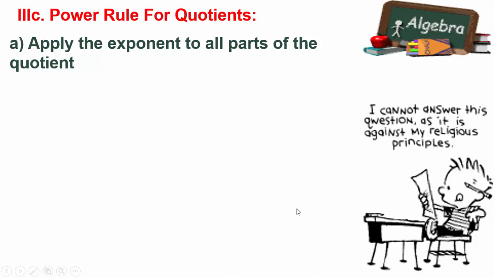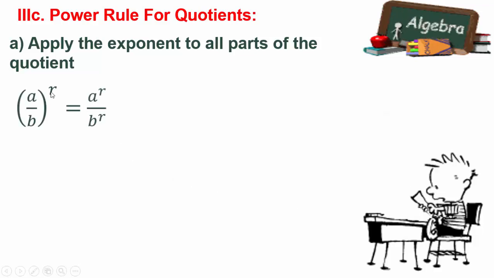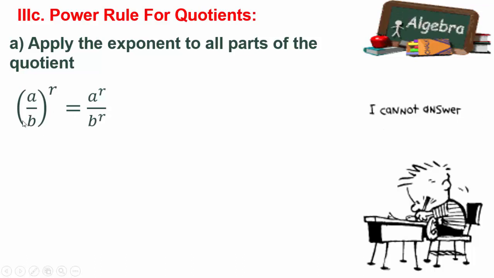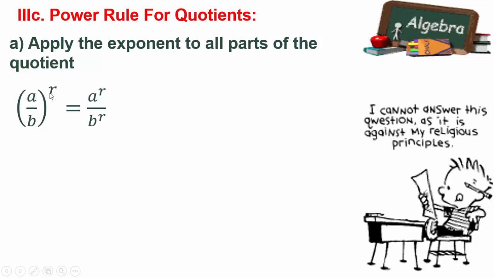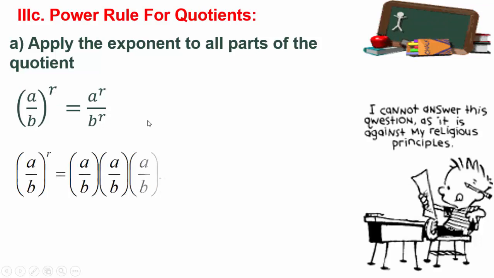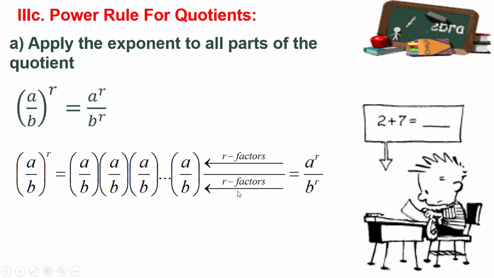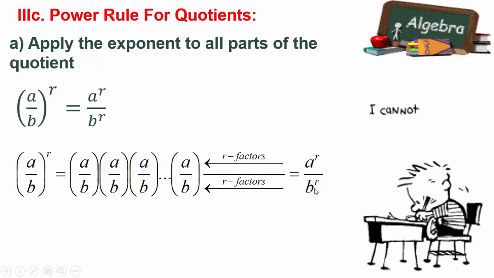We want to apply the exponent to all the parts of the quotient. So that means if we have a over b inside a bracket, remember this is inside the bracket, and we have the r out here, we bring the r here and here. Here is why it's true, so this is just an abstract version, r factors, and a over b, r times.